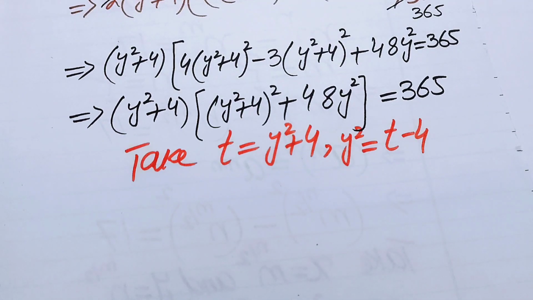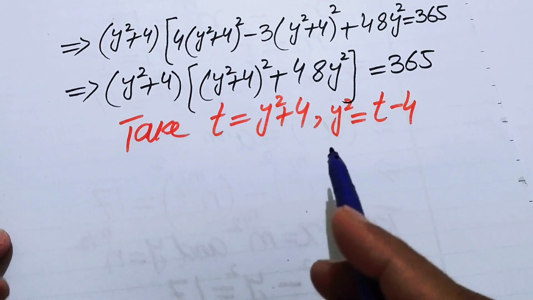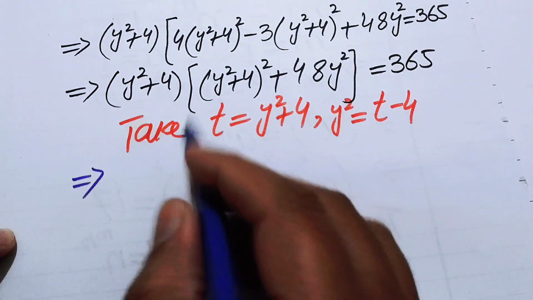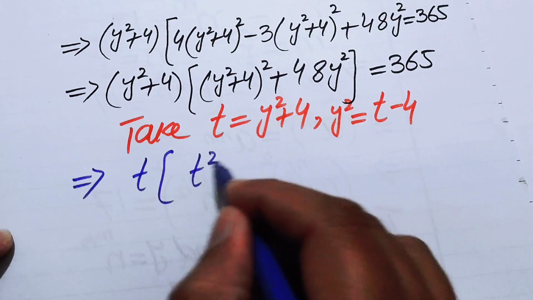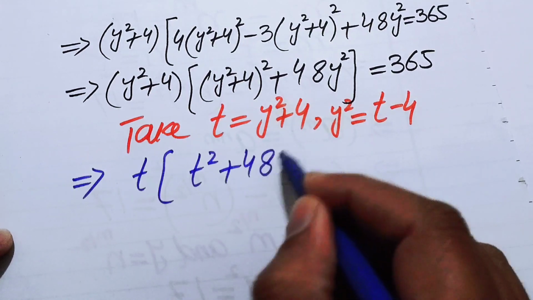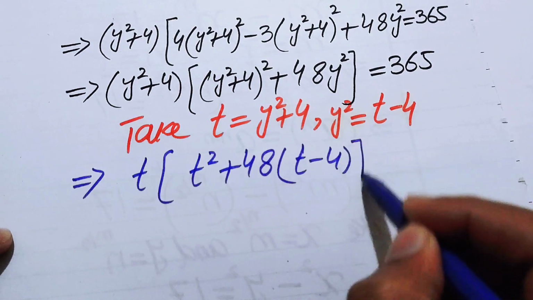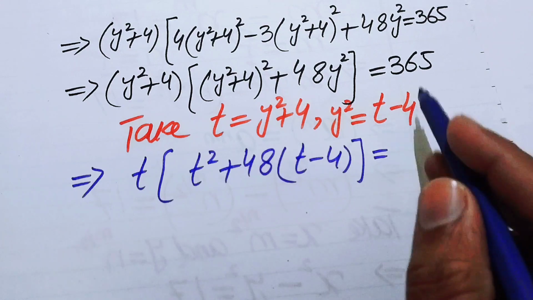So now in the above expression we will put t for y squared plus 4 and t minus 4 for y squared. So the above equation becomes t times t squared plus 48 times y squared, and y squared equals t minus 4, and this whole equals minus 365.